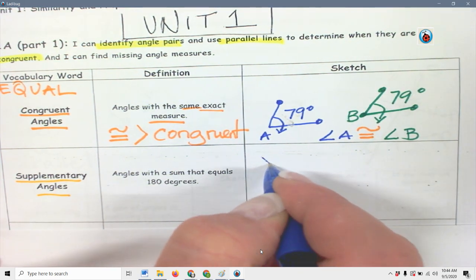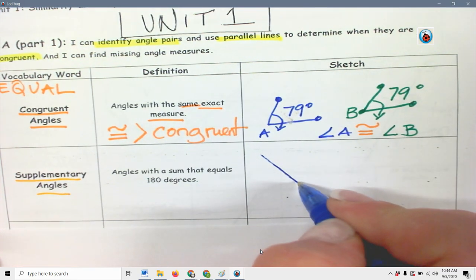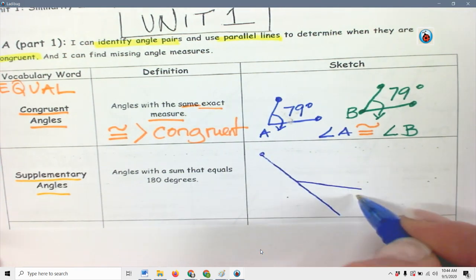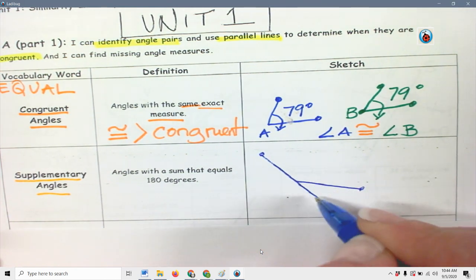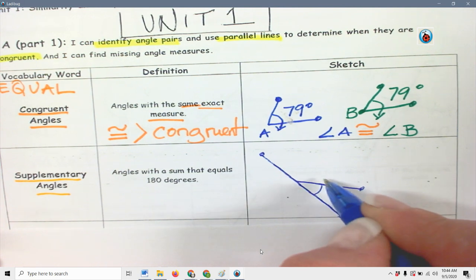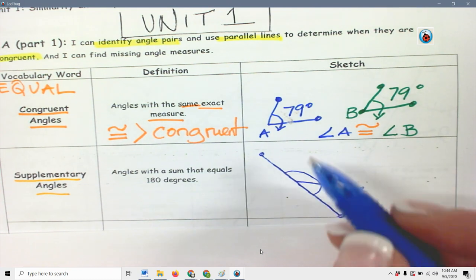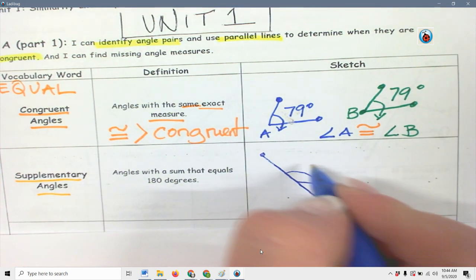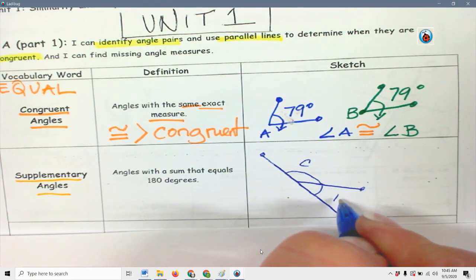One is, and probably the most useful for us for this unit, when you have angles on a straight line. Here's our straight line, and here's one angle, and then we have another angle right next to it. You can see that they take up a whole line. We'll call this angle C and this angle D.